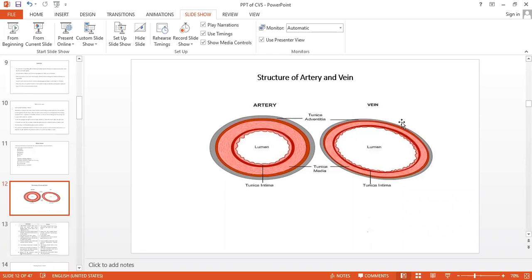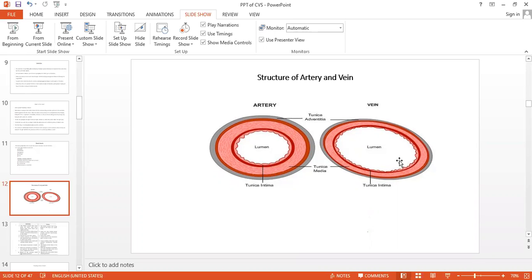What you are seeing as the main difference is that the artery carries the oxygenated blood and the vein carries the deoxygenated blood. Morphologically, the lumen of the vein is more in size, and the lumen is small in the artery. Are you getting here?